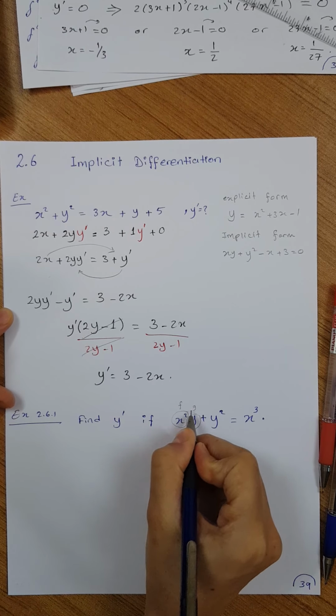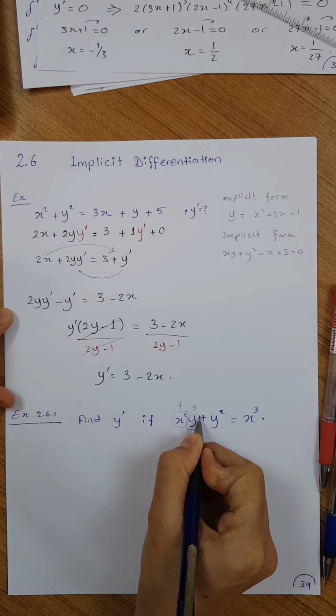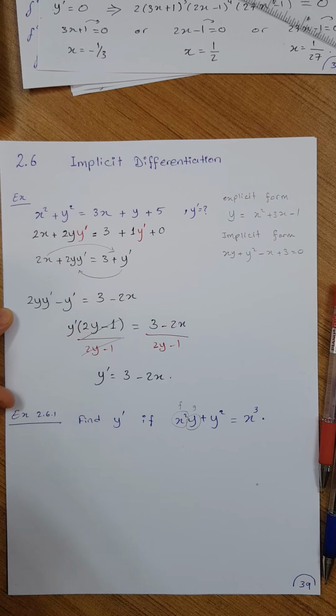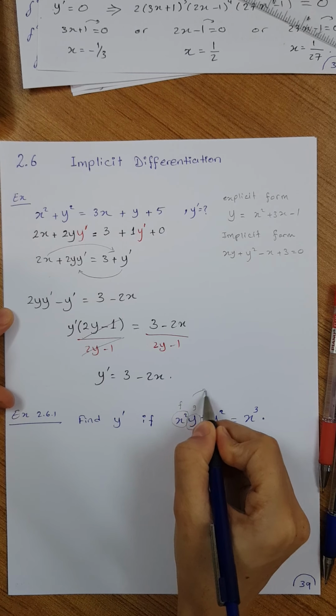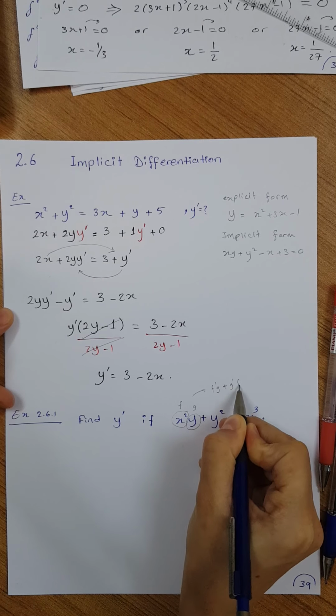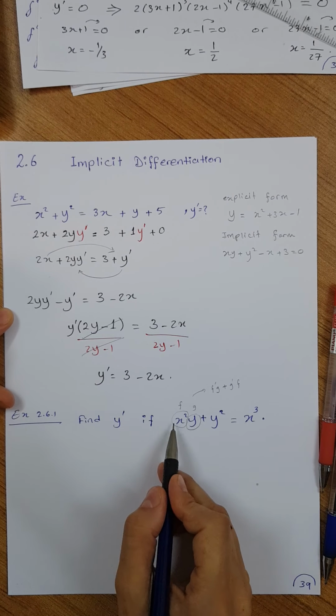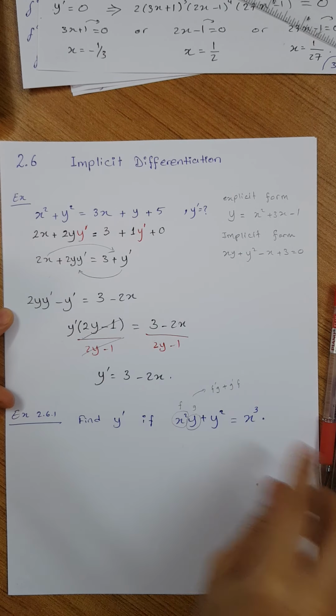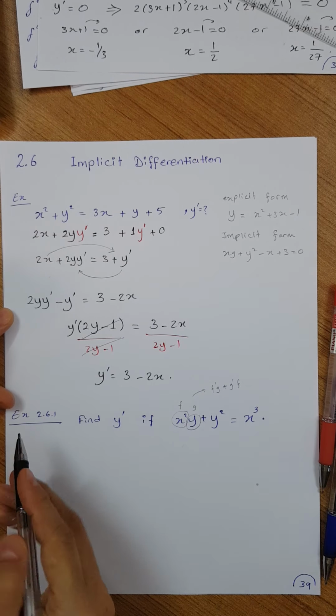You consider that this one is the function f and that one is the function g. So you're using the product rule, that is f prime multiplied by g plus g prime multiplied by f. Whenever you see x and y multiplied together, you have to use the product rule.